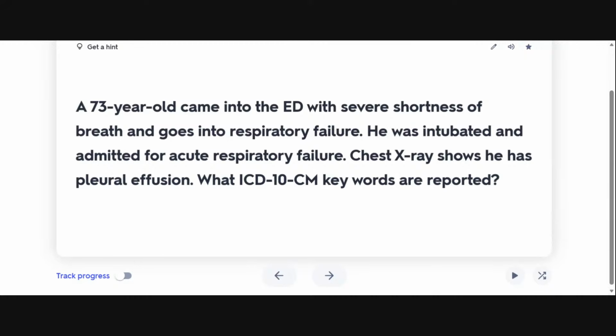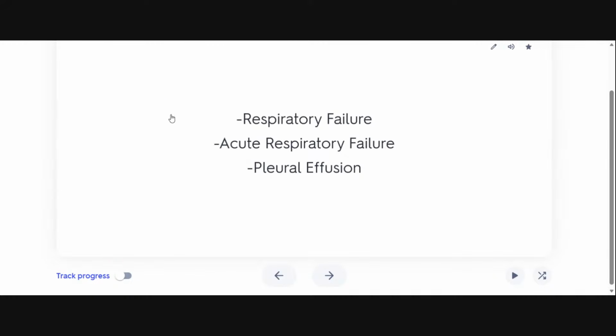Okay, I'm getting some awesome keywords in here. So what I'm taking out, respiratory failure, the acute respiratory failure specifically, and the pleural effusion. You can also focus on the shortness of breath as well. There are definitely things to be focused on in here, but I would definitely focus on the respiratory failure aspect for sure. But everyone seemed to be focusing on the same thing, putting their answers in the chat.